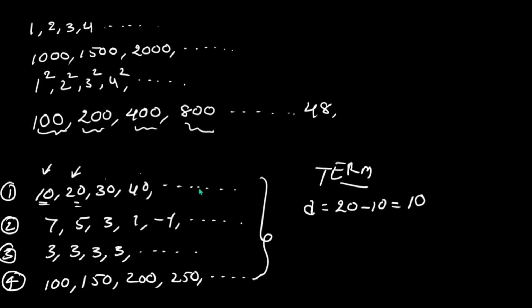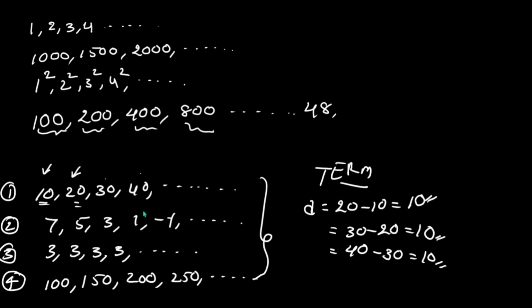Again, term 3 minus term 2 is 30 minus 20, which is also 10. Term 4 minus term 3 is 40 minus 30, which is also 10. So you are observing one thing: you have the same difference between two successive numbers.